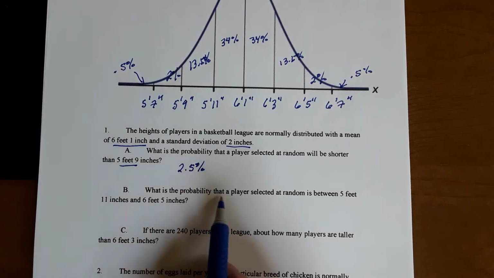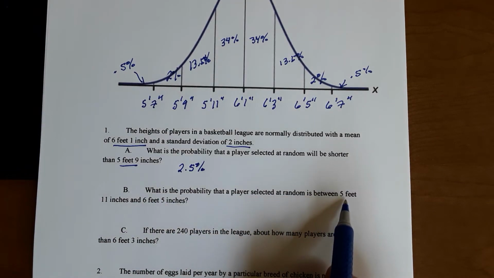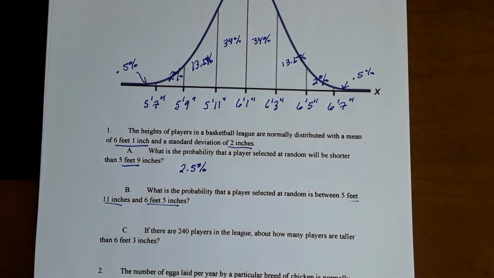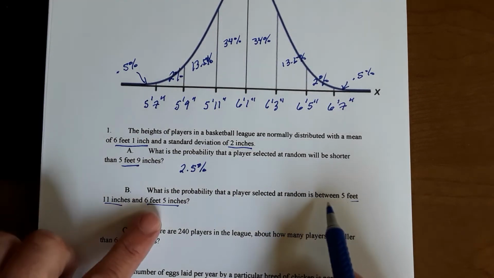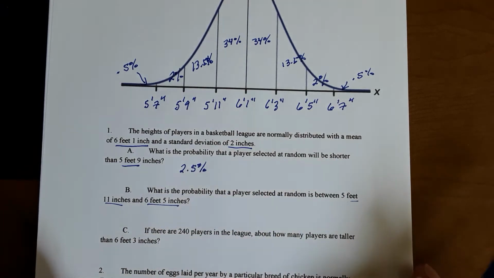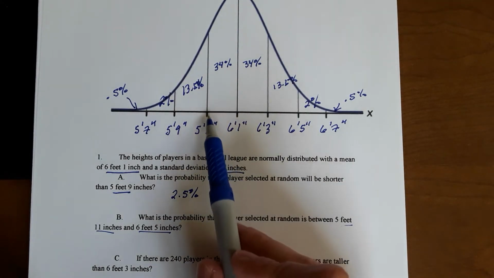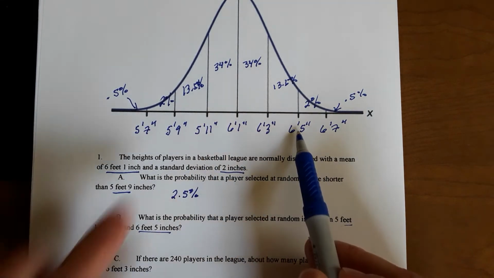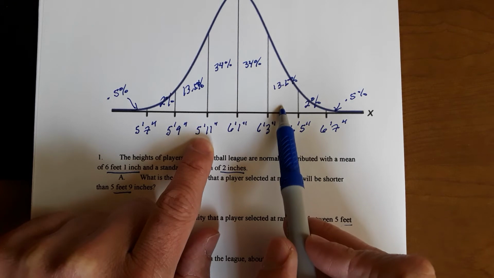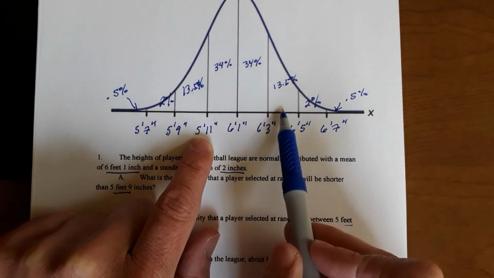Question 2, what is the probability that a player selected at random is between 5 feet 11 inches, so 5 feet 11, and 6 feet 5. So this time I've got to find both of those values and count up all the sections that fit in between both of those values. So here's 5 feet 11, and here's 6 feet 5. So I've got those two. I've got to add up those three sections.